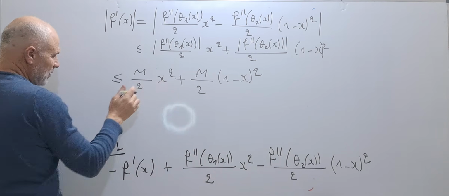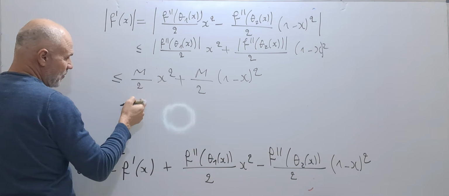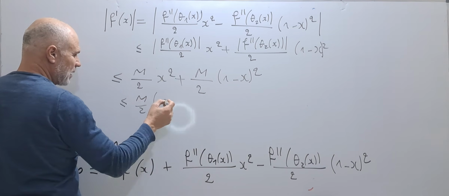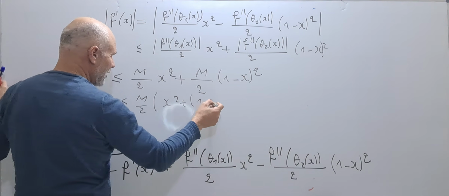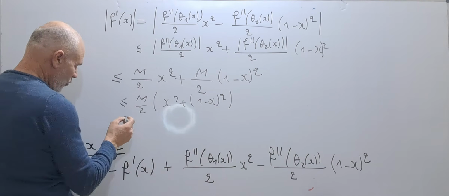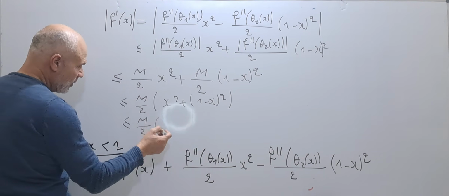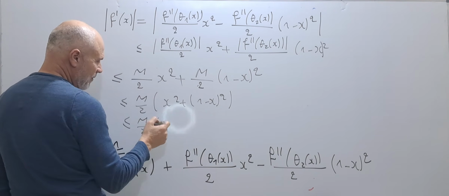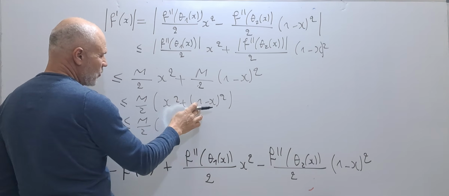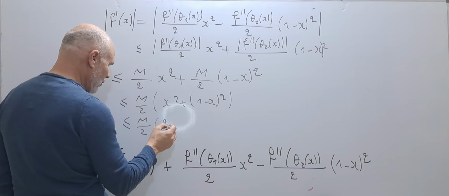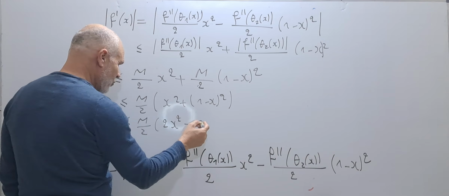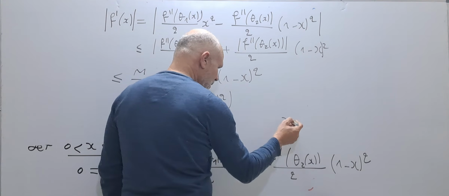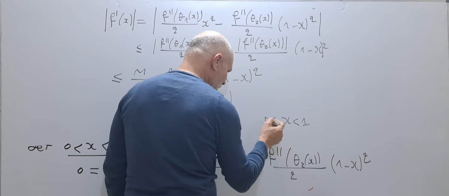And this formula is actually equal to M over 2 times (x squared plus (1 minus x) squared), which is equal to M over 2 times (2x squared minus 2x plus 1), where x is less than 1 and greater than 0.